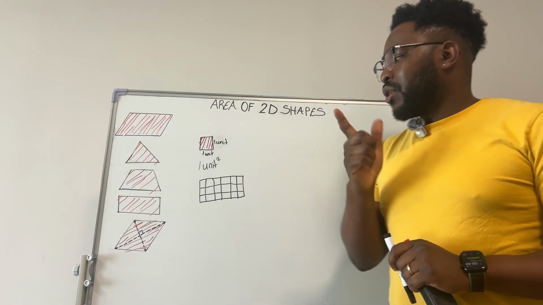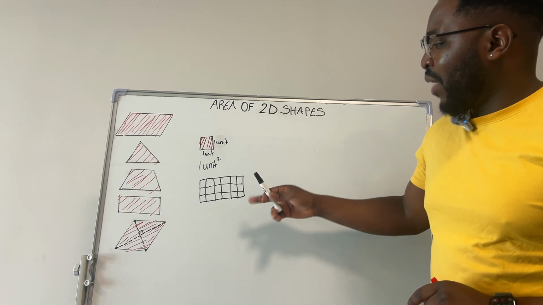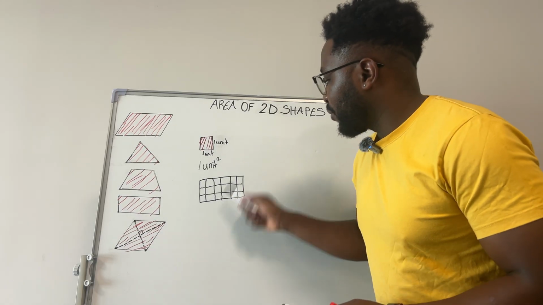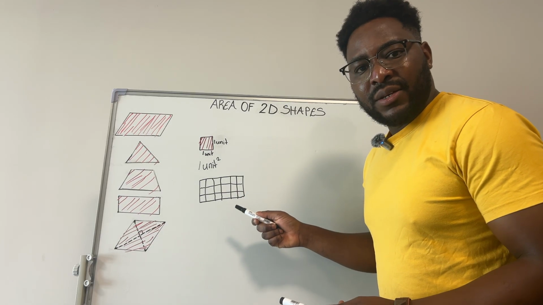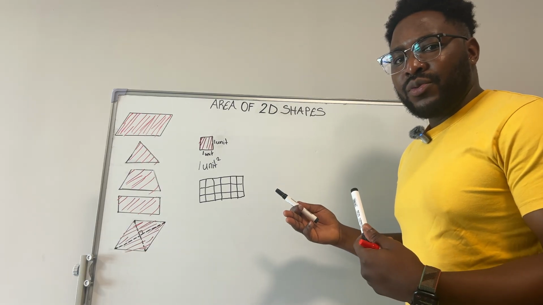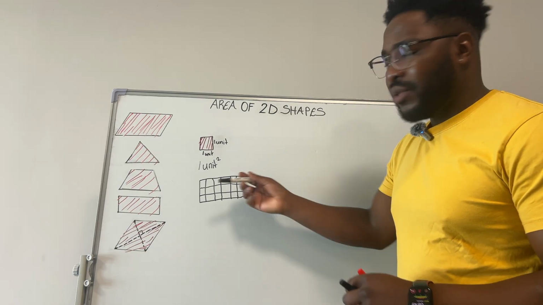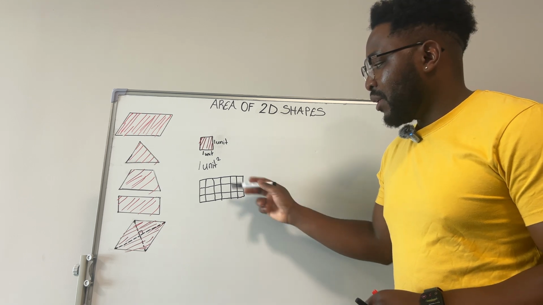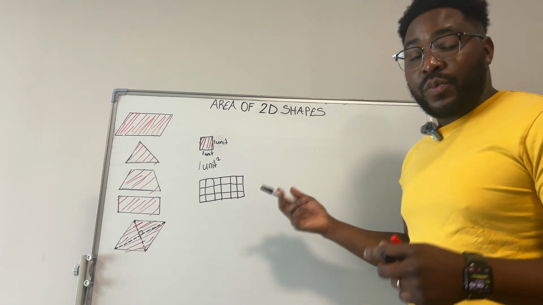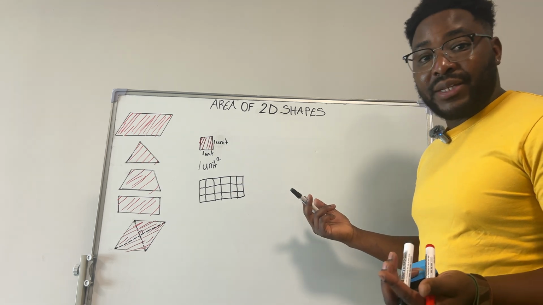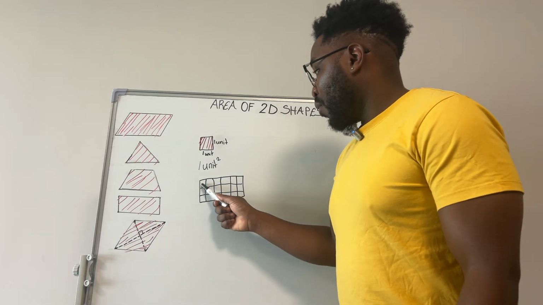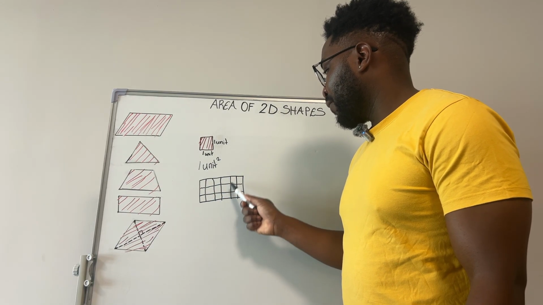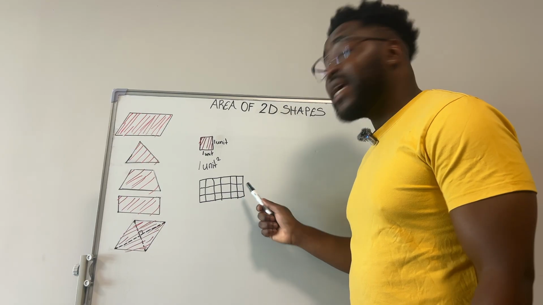So how do we find the area? We're talking about the amount of space, right? So all we have to do is count the square units in this rectangle, and we'll be able to find the area. Let's count them together. 1, 2, 3, 4, 5, 6, 7, 8, 9, 10, 11, 12, 13, 14, 15, 16, 17, 18.